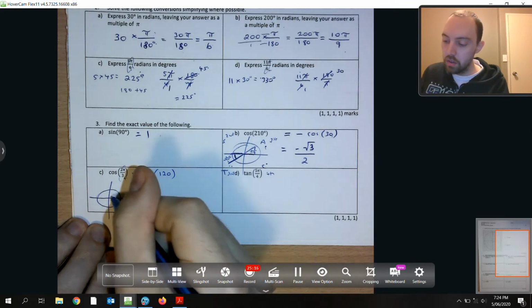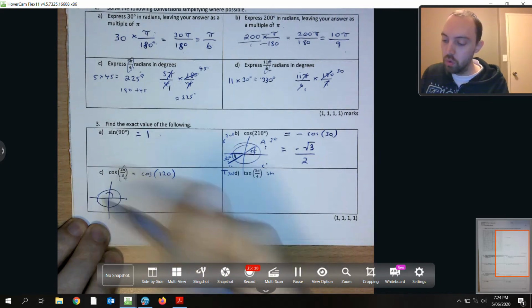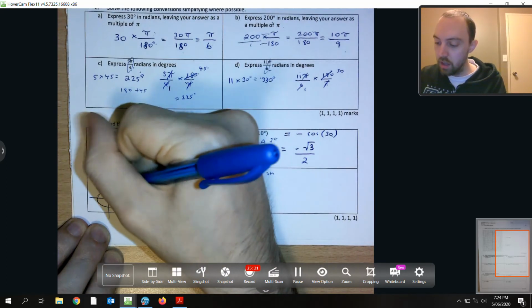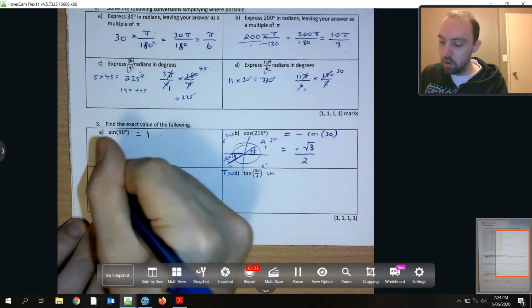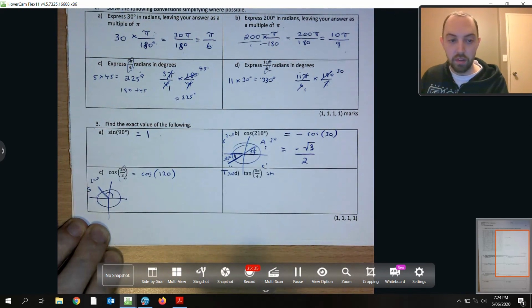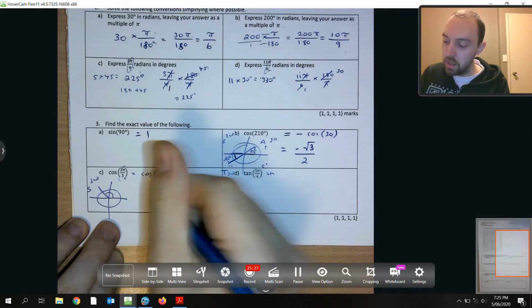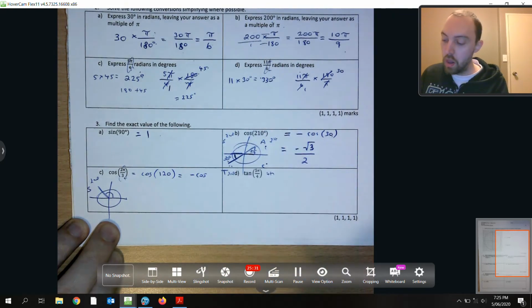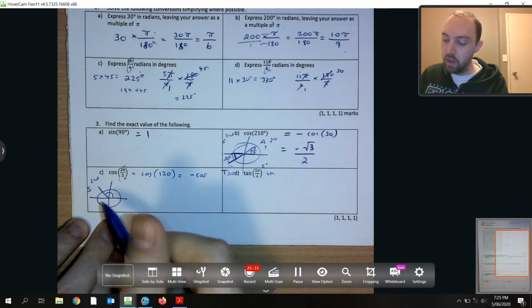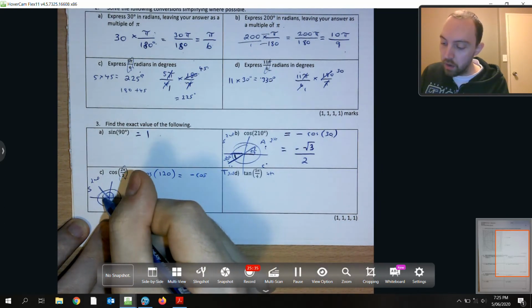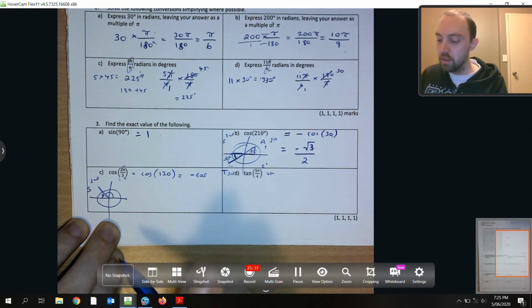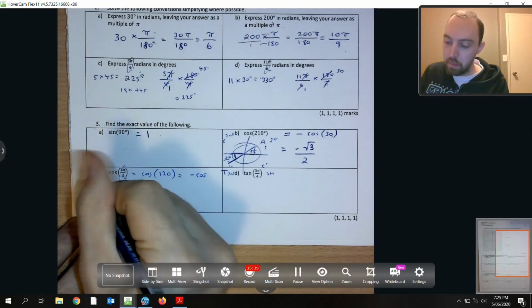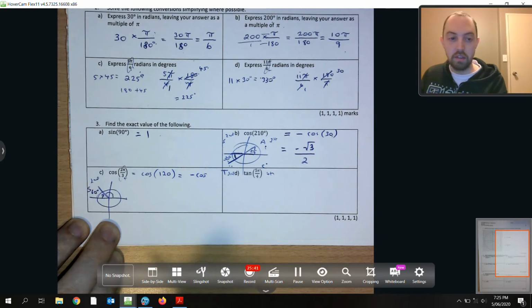All right, cos of 120 or 2 pi on 3 is in the second quadrant where only sine is positive, so cos is going to be negative again. My value will be negative, but what angle does it make with the x-axis? Well, we've got to make it up to 180, so it has to be 60.